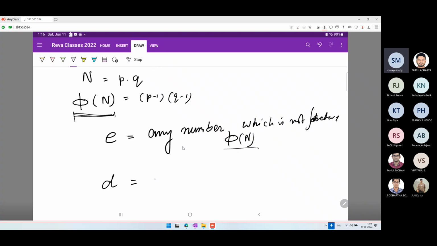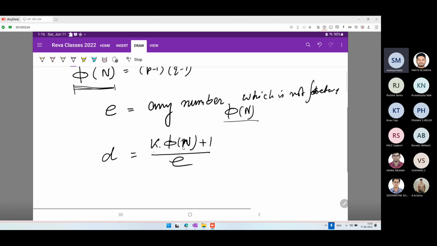And the decryption key D will be (k times phi n plus 1) divided by E, for any integer k. Just calculate this. Why do we need an integer k? We could simply use phi n plus 1 by e, but in that case this decryption key might be a fraction. I don't want that. So we choose k in such a way that this ends up as an integer.